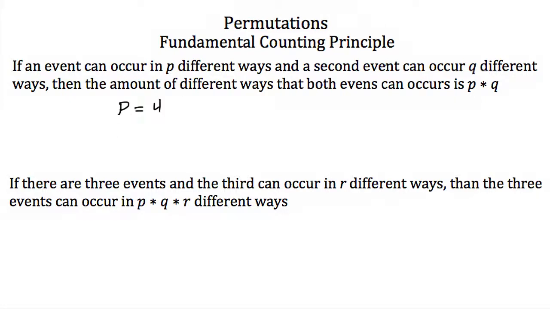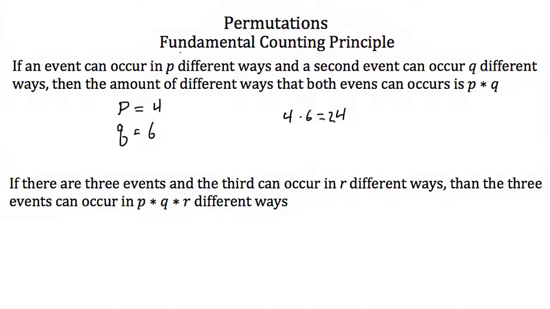The second event is choosing the color for her car. She's got 6 different options when she makes that choice, so that event has 6 different outcomes. If we take P times Q, we find out that there are 24 different outcomes for the 2 choices that she has to make.